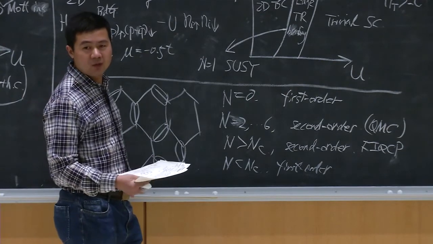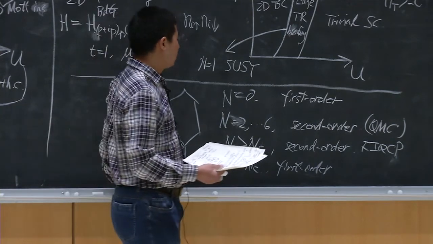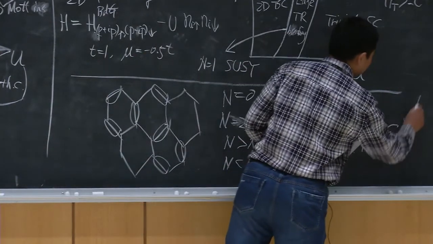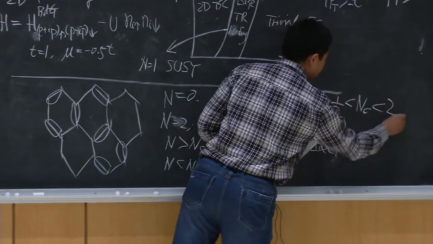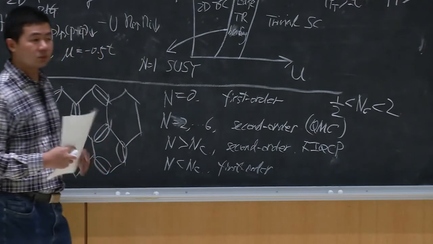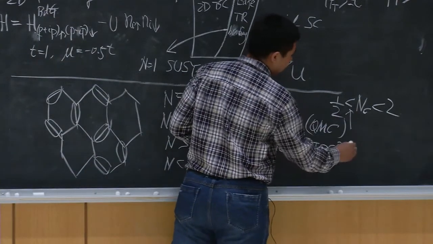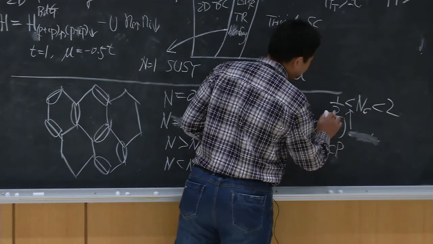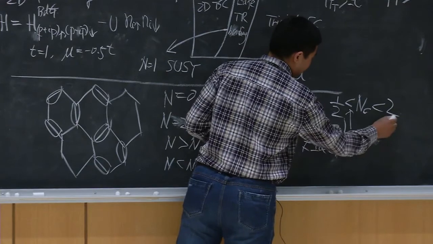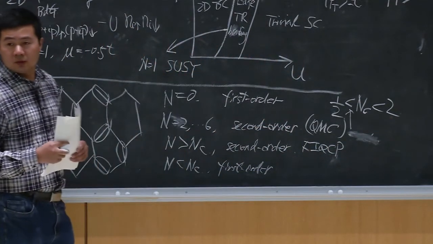So the cubic term is relevant for n equal to 1/2 from the exact supersymmetry. So the critical value nc we conclude is bigger than 1/2 but less than 2. The lower bound is exact from the supersymmetry, but the upper bound is from the quantum Monte Carlo simulation.